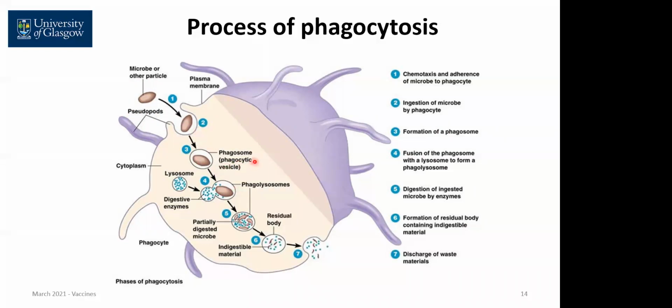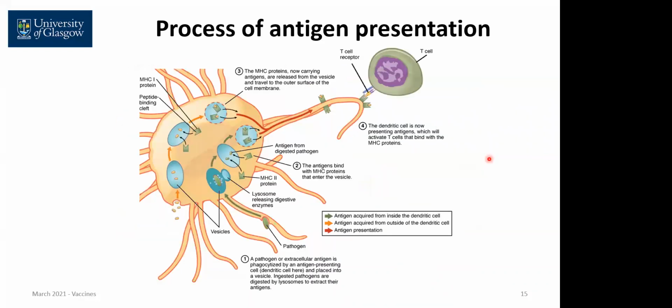They do this by forming certain vesicles within the cell and driving lysis of these microbes using digestive enzymes, and then either releasing them or presenting them to other cells. This would then be the process of antigen presentation.